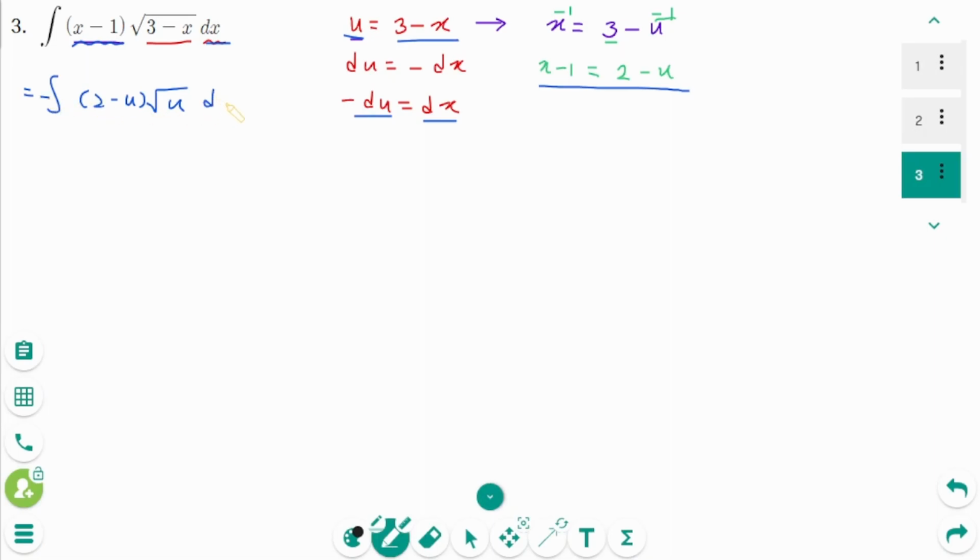Minus du, equals the integral of minus 2 plus u, we can rewrite as u minus 2, square root of u is u to the power of 1 over 2, du. The integral of, expand, u to the power of 3 over 2 minus 2u to the power of 1 over 2 du.